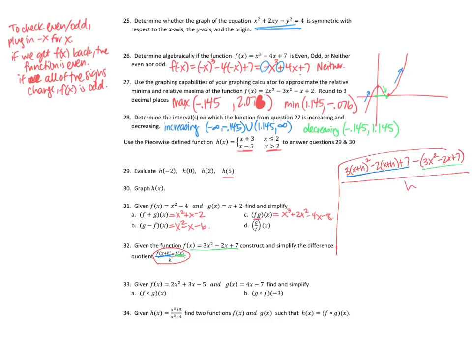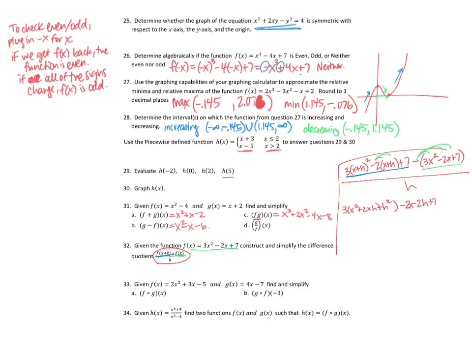So when I multiply that x plus h times x plus h, I'll get 3 times x squared plus 2xh plus h squared. And then minus, and then I'll go ahead and distribute that 2 into both of those, 2x plus 2h, and then plus 7. And then I can distribute this minus into everything there.